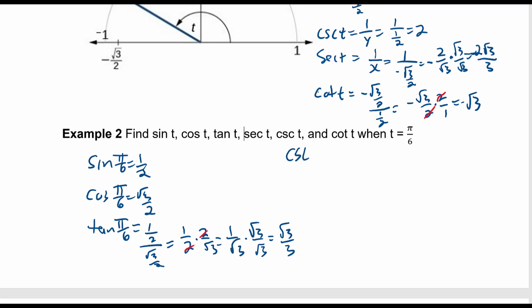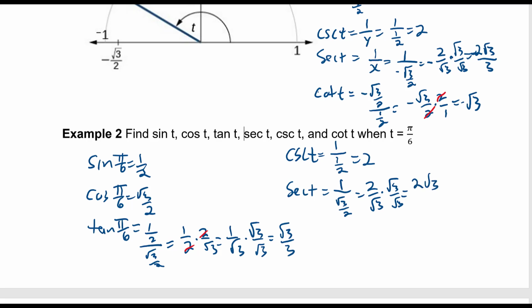Cosecant of t is 1 over sine, so 1 over 1/2, which is 2. Secant of t is 1 over cosine, so 1 over the square root of 3 over 2, which is 2 over the square root of 3. So multiply by the square root of 3 over the square root of 3, and what do we get? We get 2 root 3 over 3.